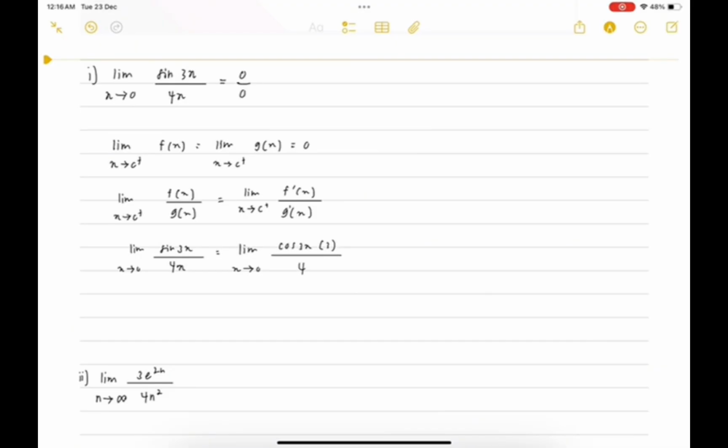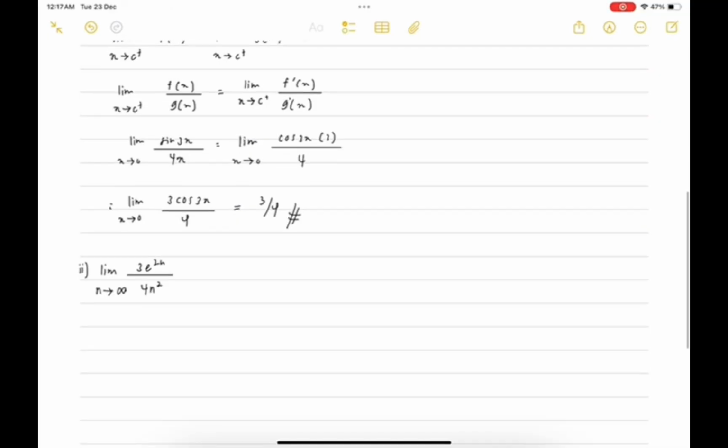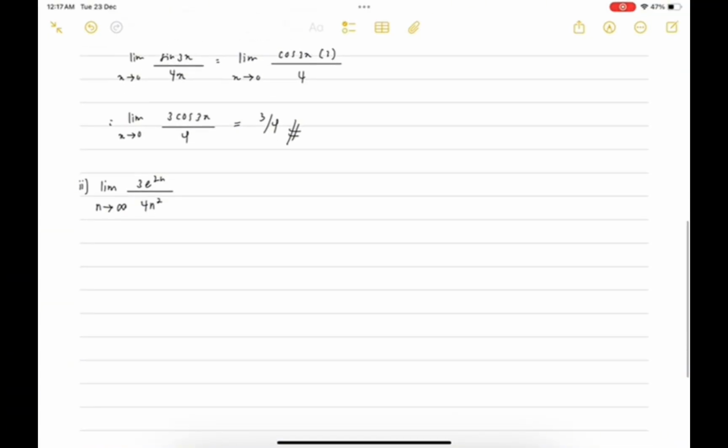Differentiating 4x, we get 4. For sin 3x we get cos 3x times 3. So we just substitute the limit as x approaches 0. As we can see here, cos 3x becomes cos of 3 times 0, which is cos 0, and we get 1. So we get 3 over 4. That's the final answer for the first Roman.